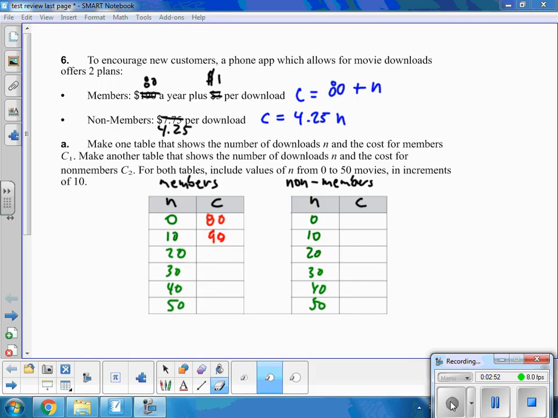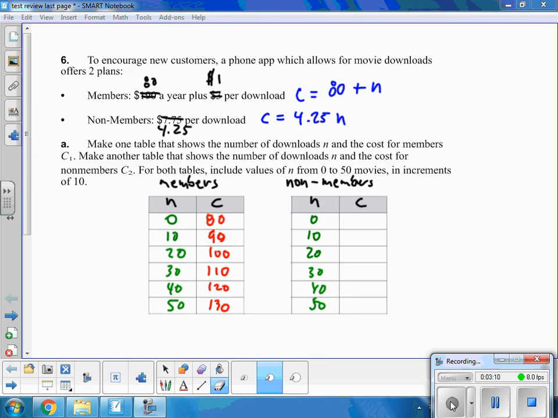And some of you can now even start to see the pattern: 80, 90, 100, so this is going to be 110, 120, 130.